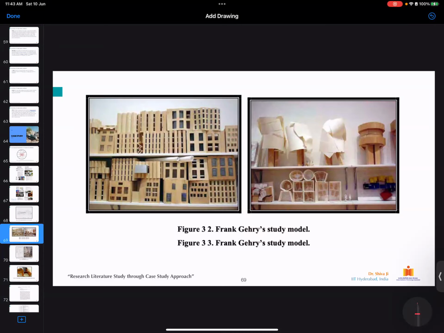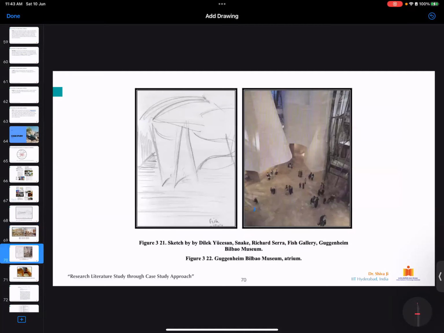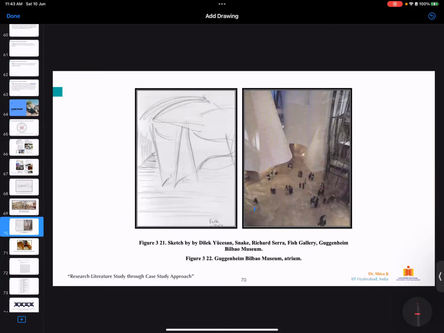It's very interesting to look at, and this is where case studies help students, particularly in how to undertake a design exercise. You see from sketches to the real spaces, how it is transformed, more or less exactly the same. What was envisioned was actually translated into reality.